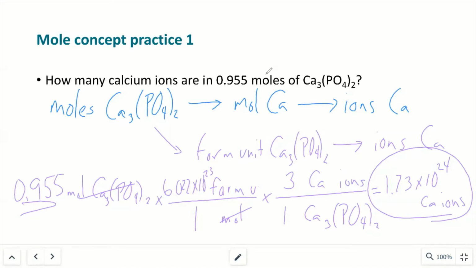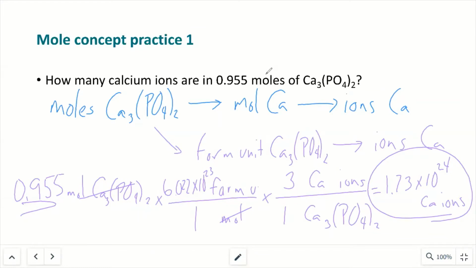So the real key, the trick to this particular problem was in its ordering. We had to make sure that we took care of all of the steps. So we had to go from big picture to small picture, which meant Avogadro's number had to be involved. And then we had to break down that formula unit into individual pieces. That's where that 3-to-1 ratio comes in.